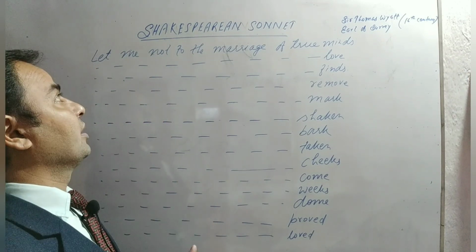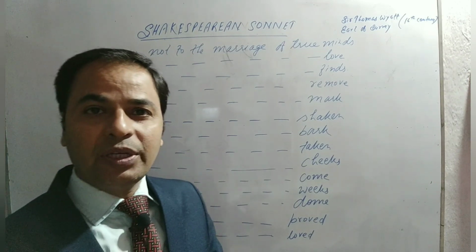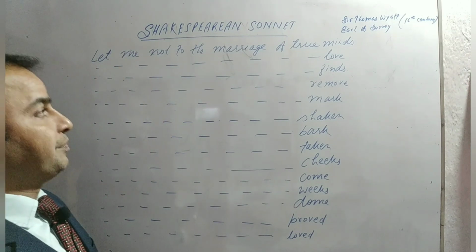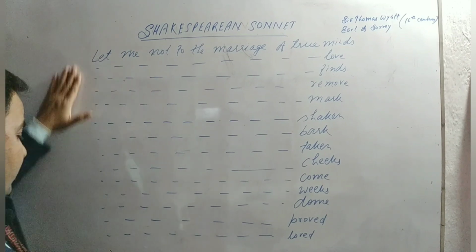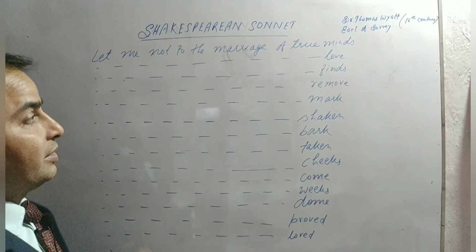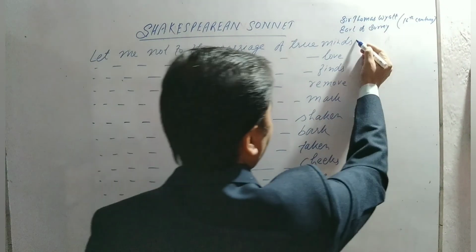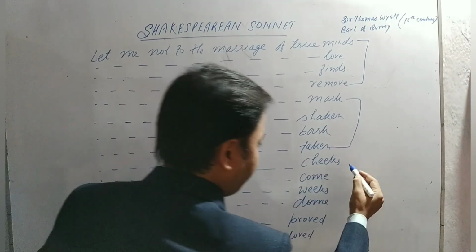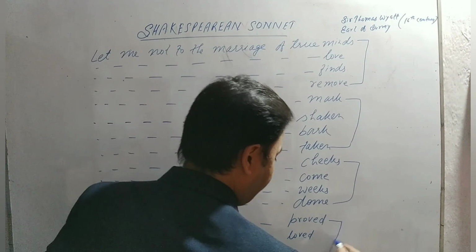He molded sonnets into his own style in the 16th century. He wrote sonnets in 14 lines, and he divided them into quatrains: one quatrain, second quatrain, third quatrain, and a couplet.